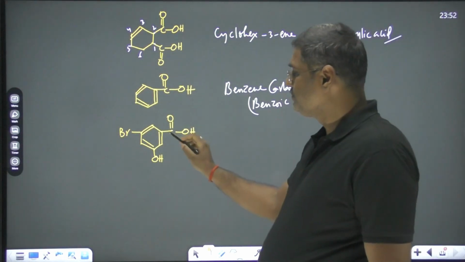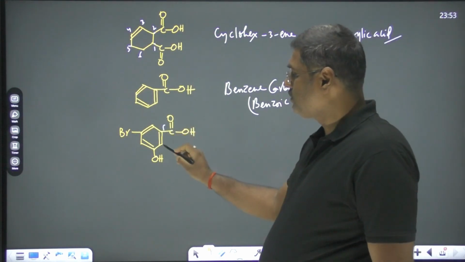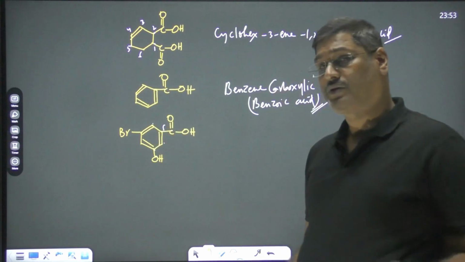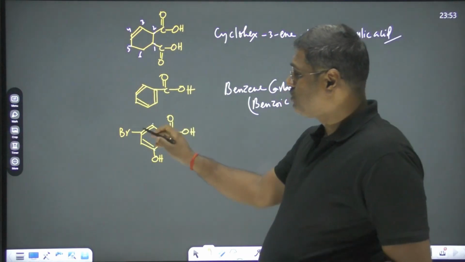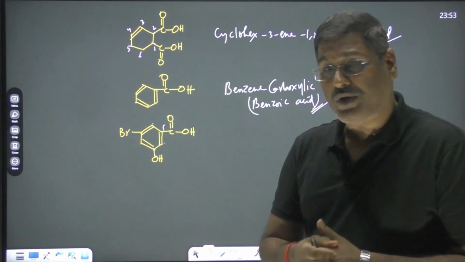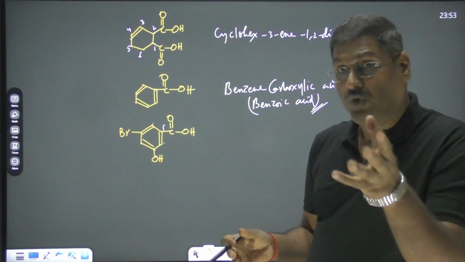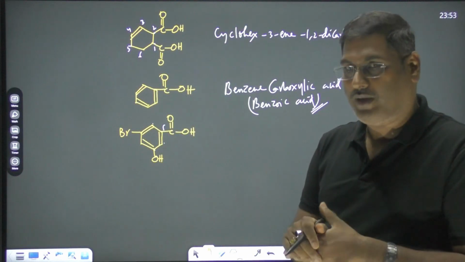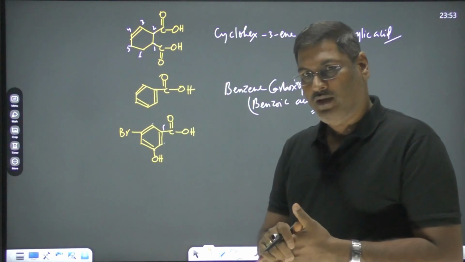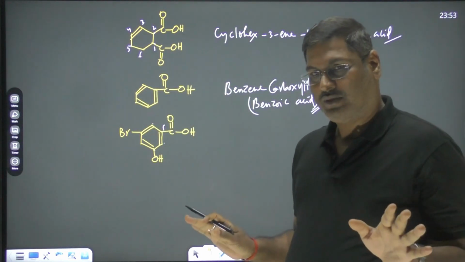Let's take this one. This one is 1 now, this one second, this one third. If you go this way, the third position is Br. If you come this way, the third position is OH. What to do? Sir, OH is the functional group, sir. The functional group is only one, COOH. Others are substituents.